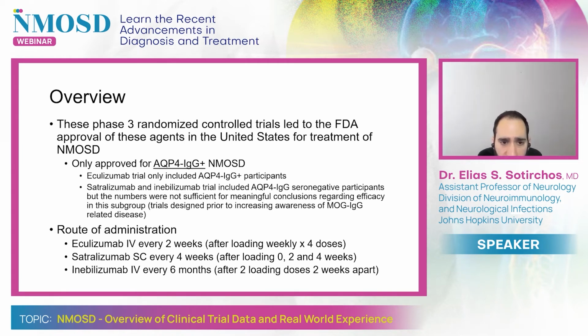Satralizumab can be self-administered as a subcutaneous injection every 4 weeks following a loading period of subcutaneous injections at 0, 2, and 4 weeks, whereas inebilizumab is an intravenous infusion administered every 6 months following a regimen of 2 loading doses given 2 weeks apart, similar to some extent to the regimens frequently used for rituximab therapy.